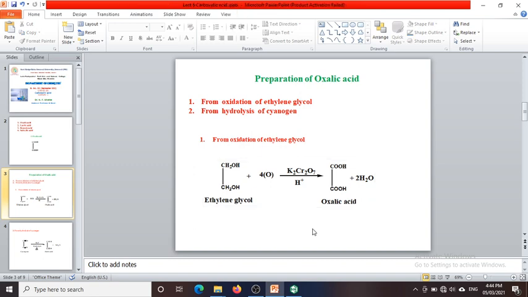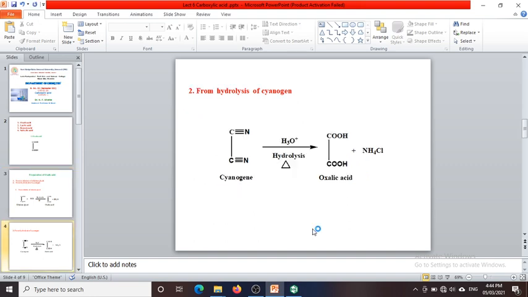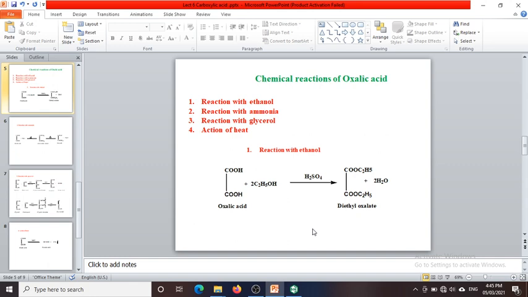of ethylene glycol in presence of potassium dichromate, that is K2CrO7, as a catalyst in presence of acid to form oxalic acid, that is COH. From hydrolysis of cyanogen. Cyanogen means this one. This is the structure of cyanogen. Hydrolysis this acid HCl. Okay. Ethanol. Then what happened? Yeah, C2H5. Situation. Yeah.